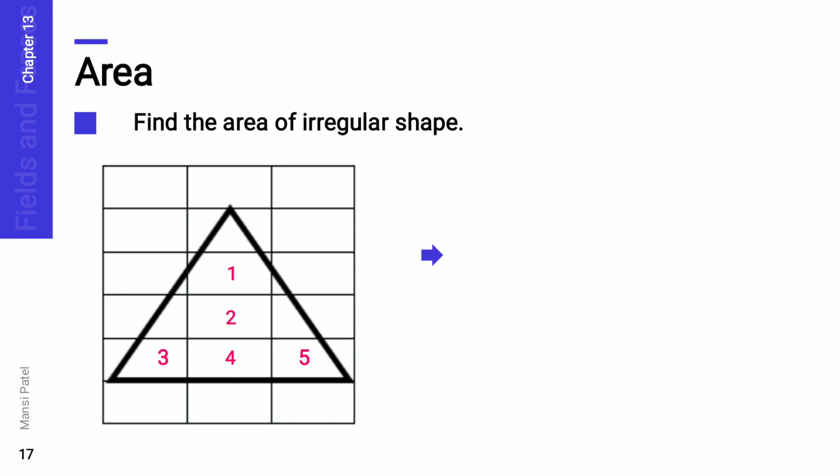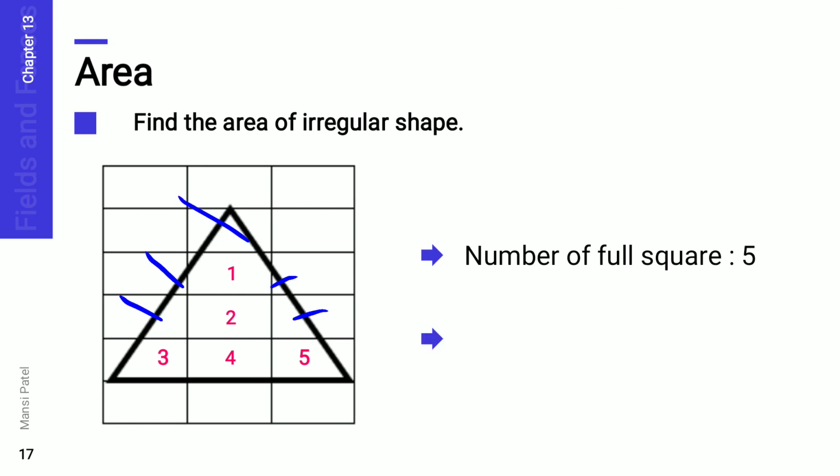So how many full squares are there? 5 full squares are there. And all this portion occupies less than half, so you want to cancel it. So what is the area of this irregular shape? The area of this irregular shape is 5 square centimeter.